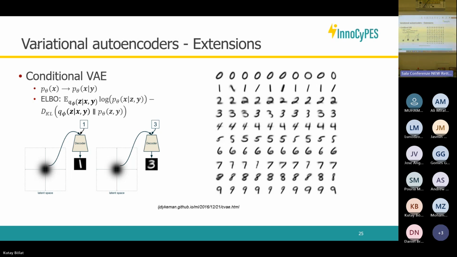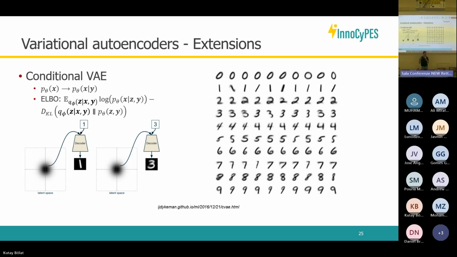In this case, for example, if you want a model that generates given digits, you have to model p(x given y). y here is the digit label, right? So if you put this y here, everything stays the same in terms of derivations. You just concatenate this y to x and also z. That's pretty much what I'm going to show.